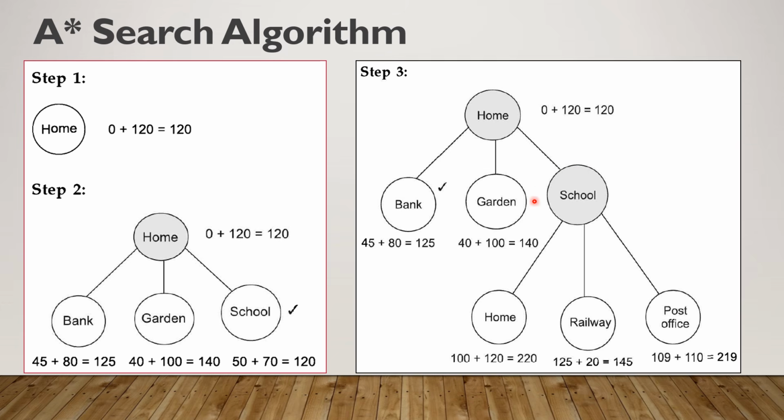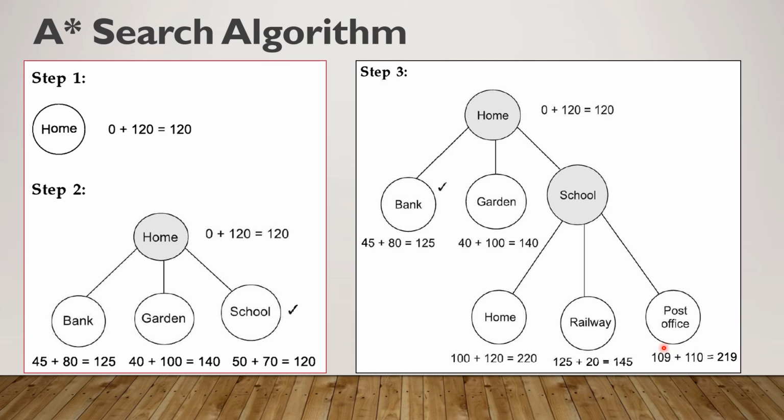Expanding this path, school is connected with home, with railway station, and with post office. School connected with home, what is the g of n value added with h of n value? 100 plus 120 equals 220. Railway station, 125 plus 20, 145.